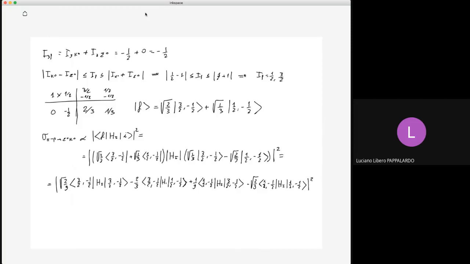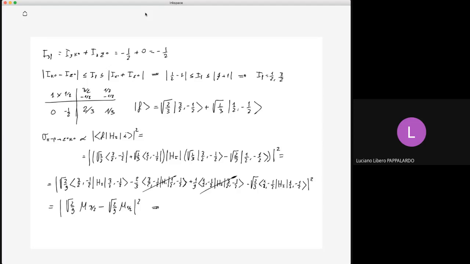So we have four contributions, but only two of them conserve isospin. The other two are isospin violating, so these will not contribute to the cross-section. And so we can express our cross-section as square root of 2/9 M 3/2 minus square root of 2/9 M 1/2, squared.